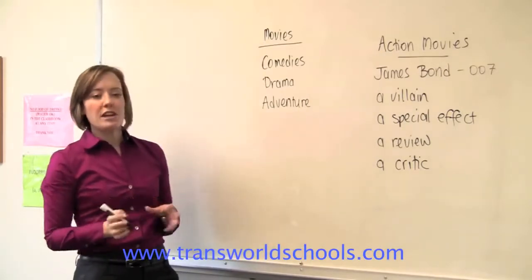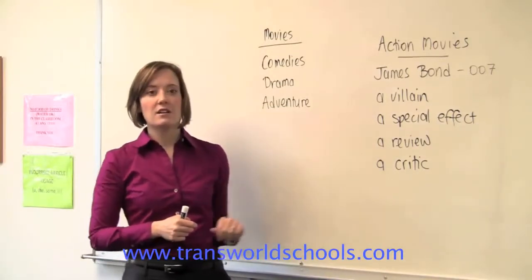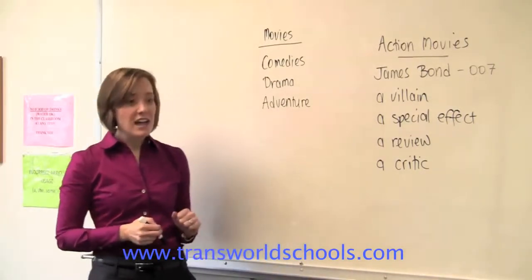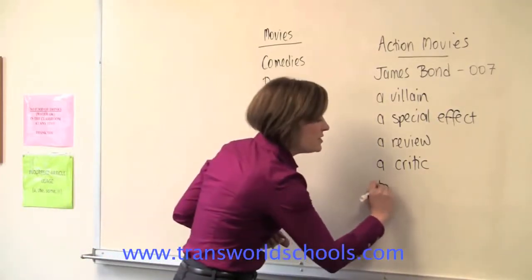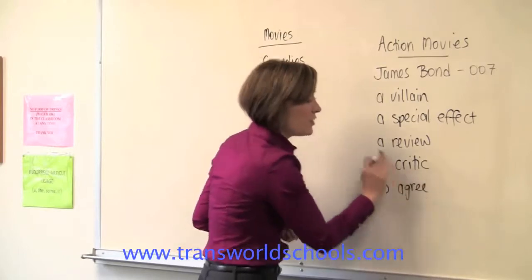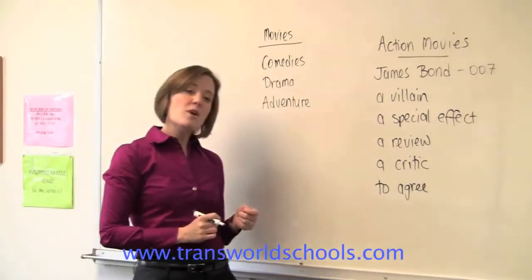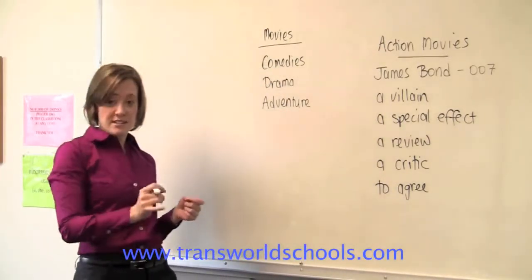Where can film critics put their reviews? Magazine or newspaper? Magazines, online. Good. Online? Fantastic. Good. Sometimes people agree with the reviews that critics write, and sometimes they don't. What is it called when we don't agree with them? Disagree. Disagree.